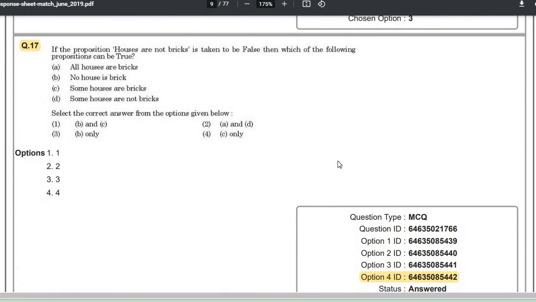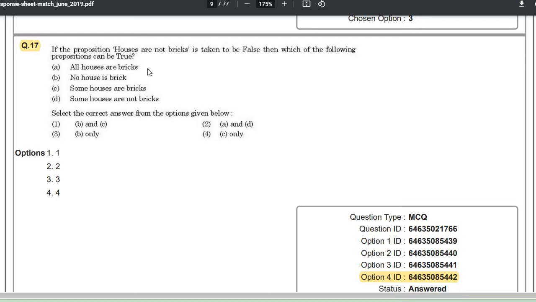Now coming to question number 17. If the proposition "houses are not bricks" is taken to be false, then which of the following propositions can be true? All houses are bricks, no house is brick, some houses are bricks, some houses are not bricks.